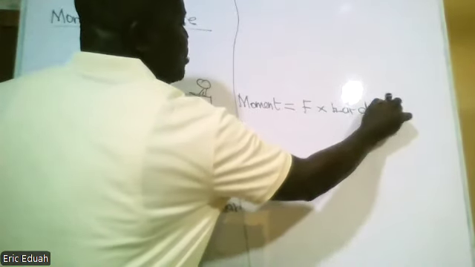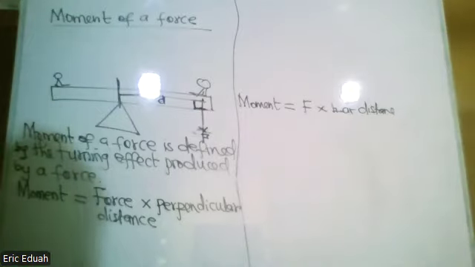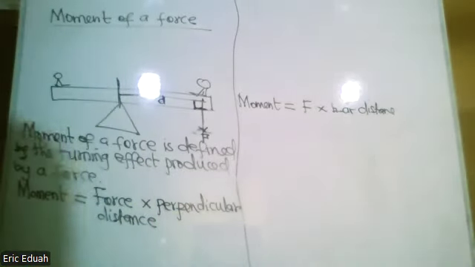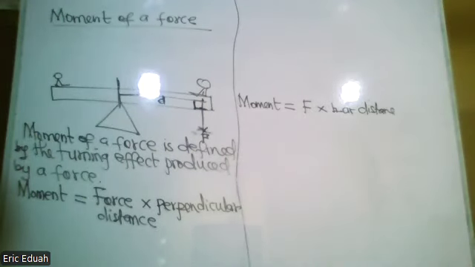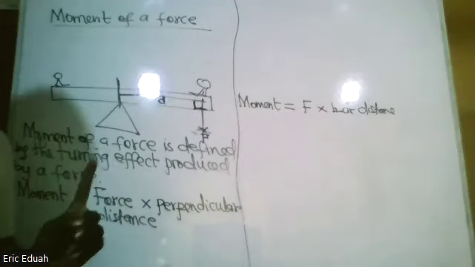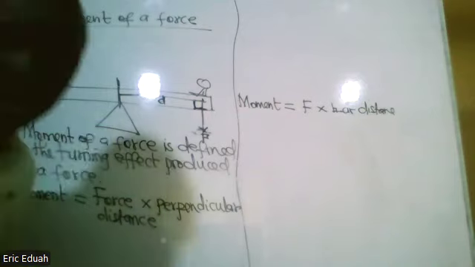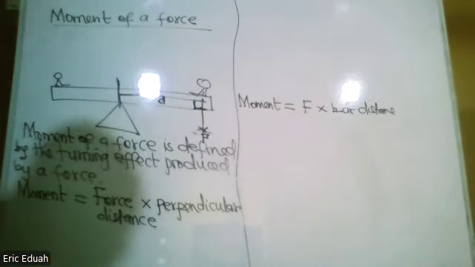So what we mean here is that for moment, it isn't just any distance, but the distance must be perpendicular to the force. So we are always looking for a distance which is perpendicular to the force, or a force which is perpendicular to the distance to calculate moment.